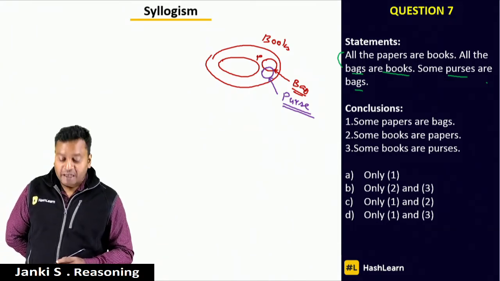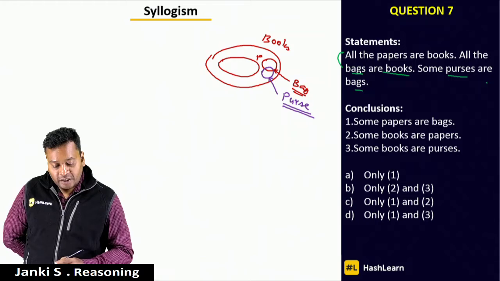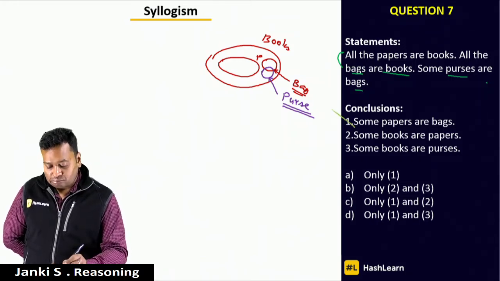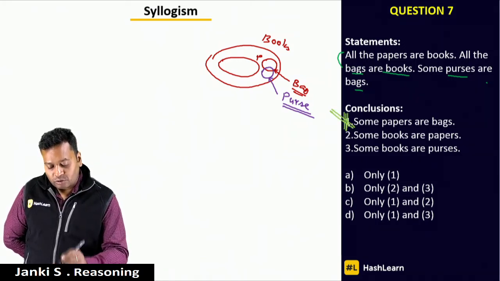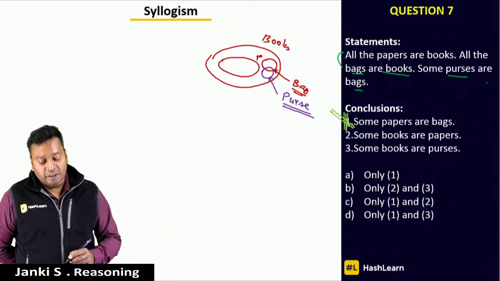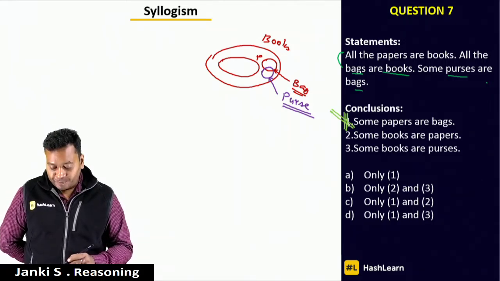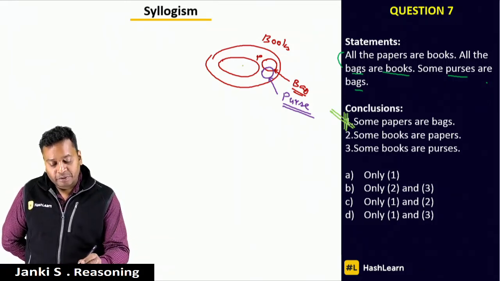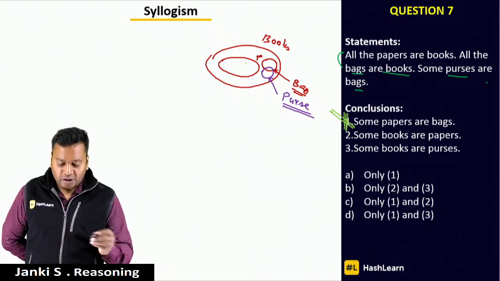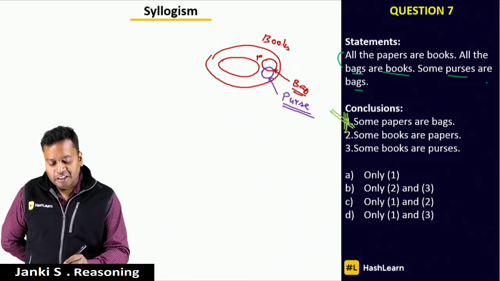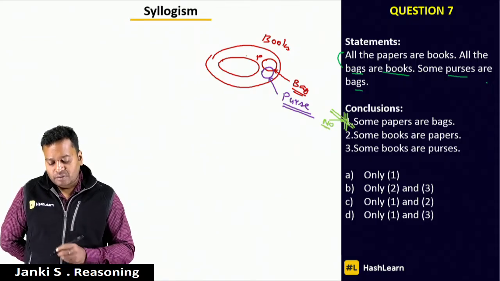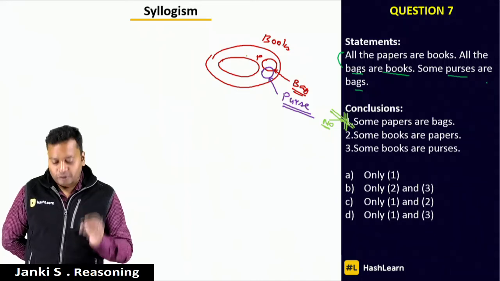Some papers are bags. This is ruled out. Sorry, this is ruled out. ये तो नहीं होगा. Some papers are bag, right? Because papers bags के बीच में कोई relation हो सकता है, नहीं भी हो सकता है. या फिर I'll check the negation. Negation of this is nothing but no. So no paper is bag which is available here. That means this is not possible.